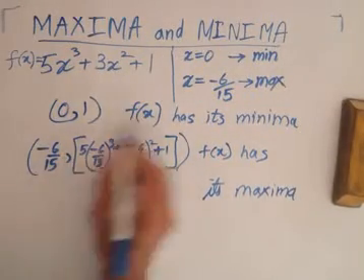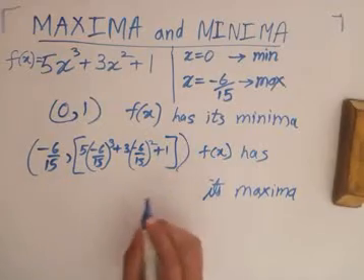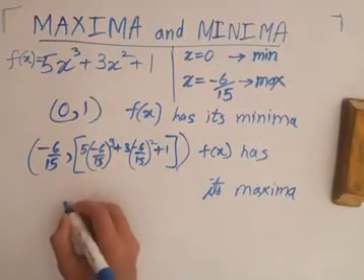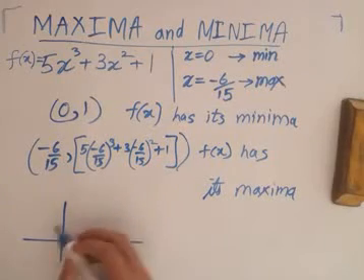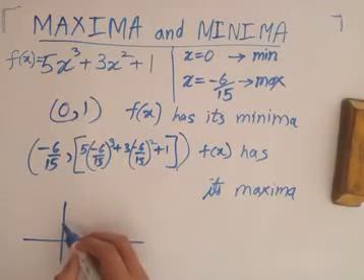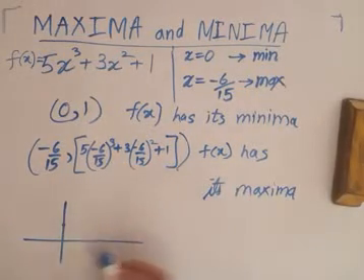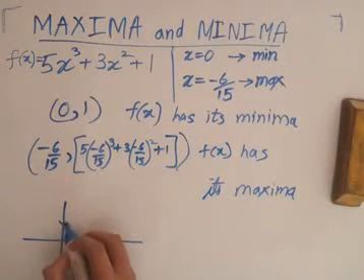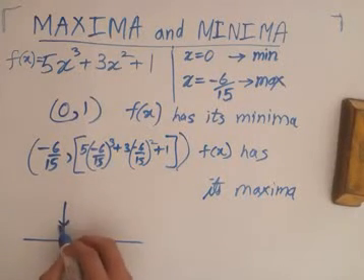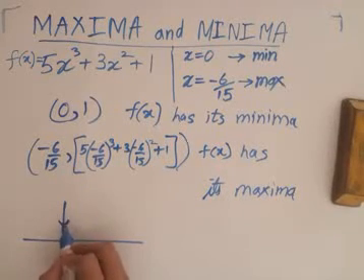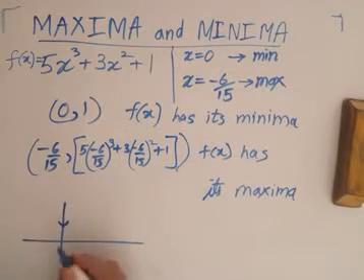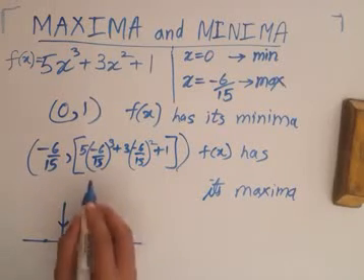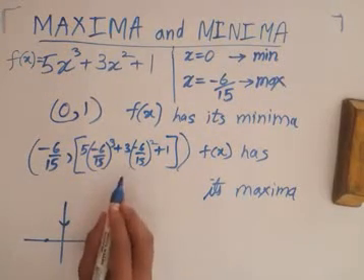And so now, as you can see, without using the graph, we have found the points. So if this is a graph, at this point 0, 1, the function has its minima. So probably locally it looks something like this. And at this point, minus 6 by 15, so this is of course negative, and this thing should be positive.